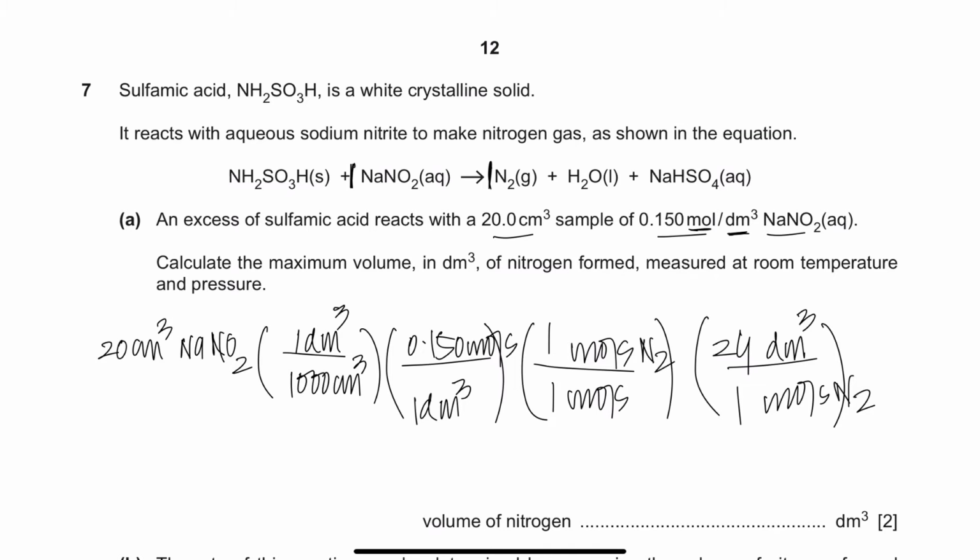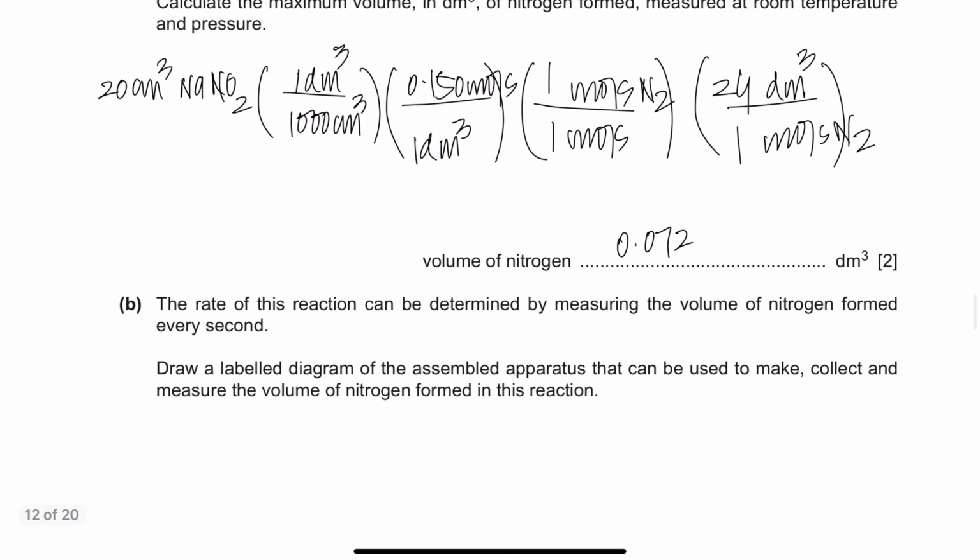So just multiply and divide: 24 multiplied by 0.15 multiplied by 20 over 1000. That gives you 0.072 decimeter cube, everybody. Okay, good stuff.